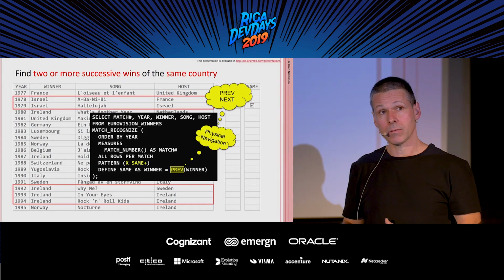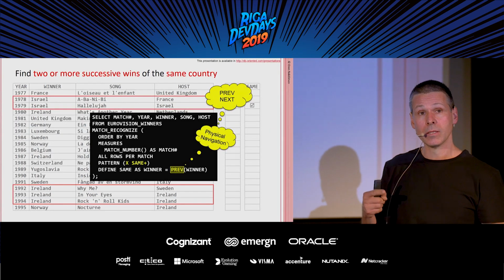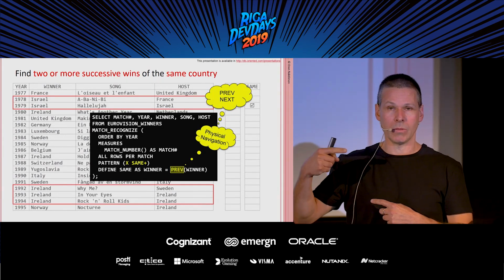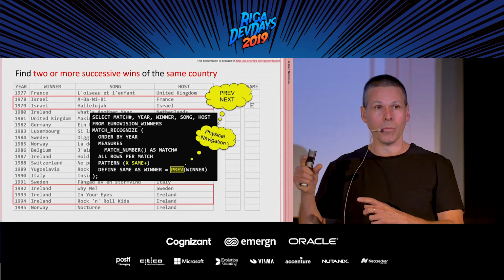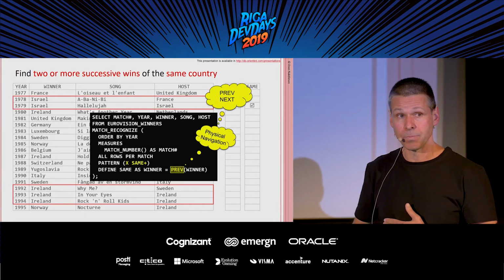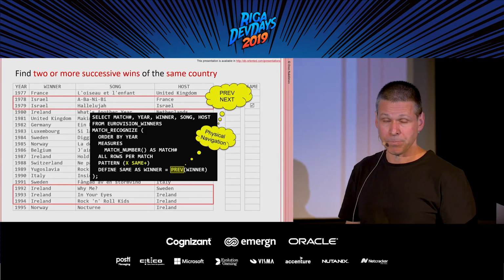PREV and NEXT are special functions that allow us to look at values from previous and next records in the ordered input. Okay?